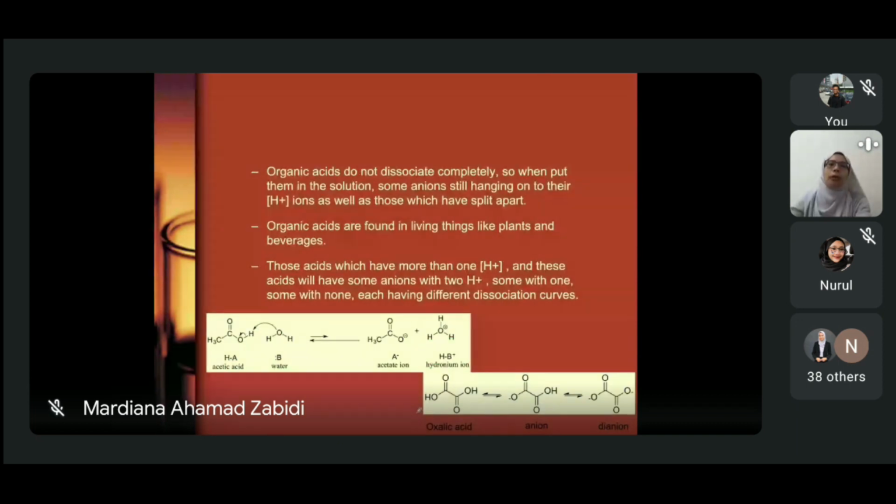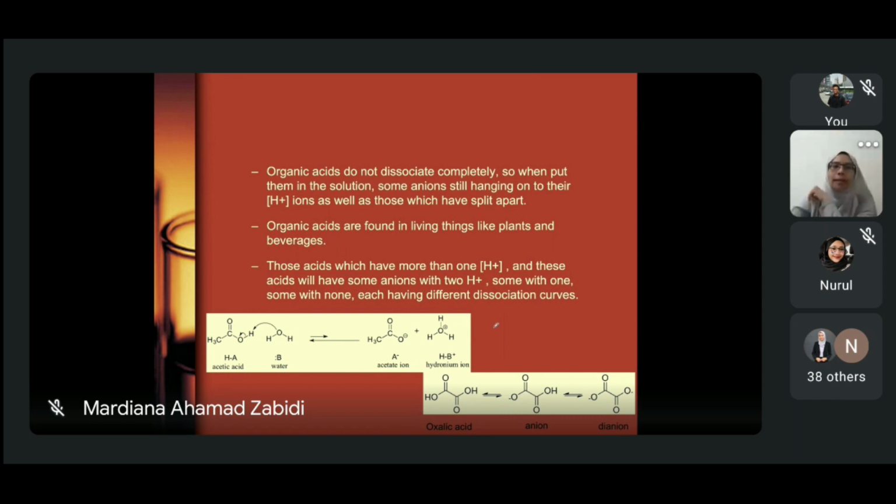Okay, so for organic acid, basically they are not going to dissociate completely. That means it will not dissociate from its original formation when it is introduced to water. They still keep their own signature of acid in water when this particular organic acid is dissolved in water.